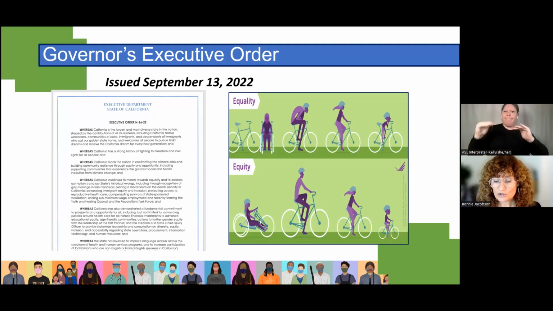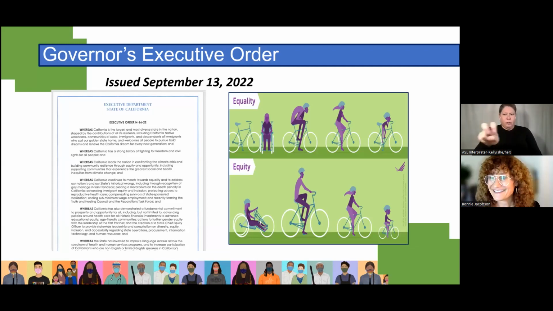So under the order, we are directed at CDPH to embed policies and practices in our strategic plans in order to advance equity and opportunity and to address disparities in healthcare access and outcomes. So another key brick in deciding the direction, the path that we were going to take.